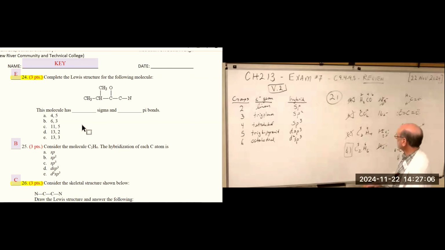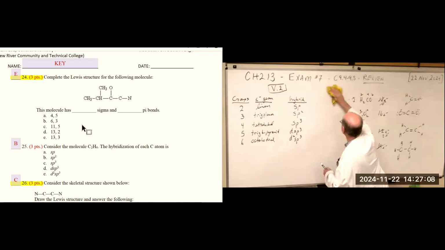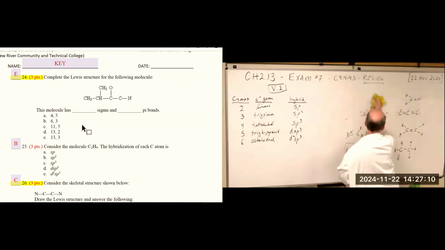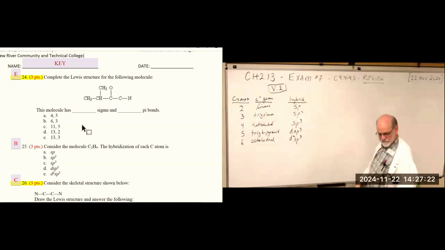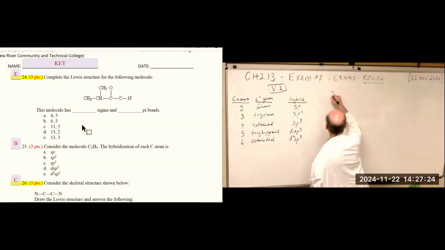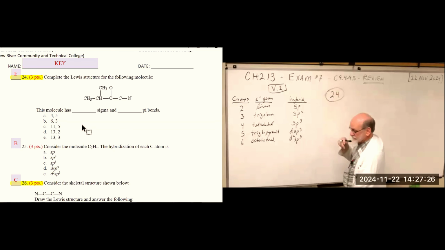24. Okay, 24. Complete the Lewis structure for the following molecule.